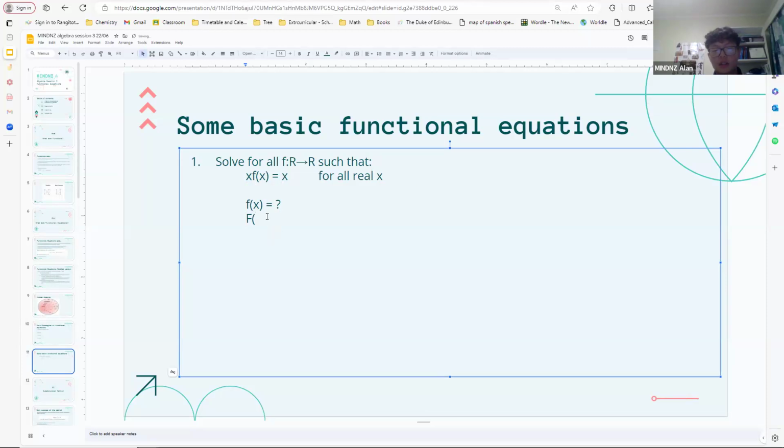You would have f of x equals 1. But is this actually true? Is this actually true for all values of x?